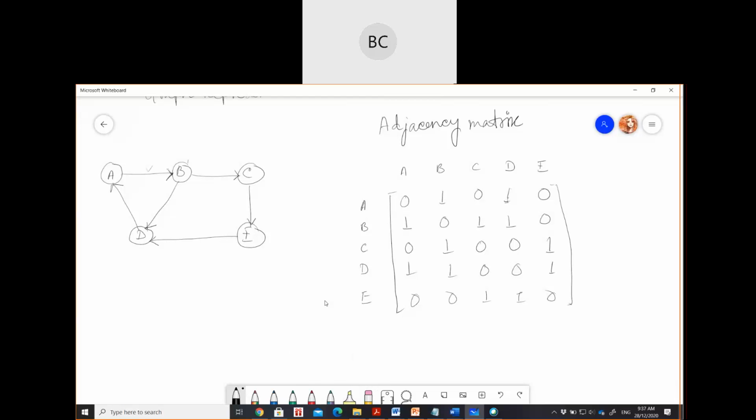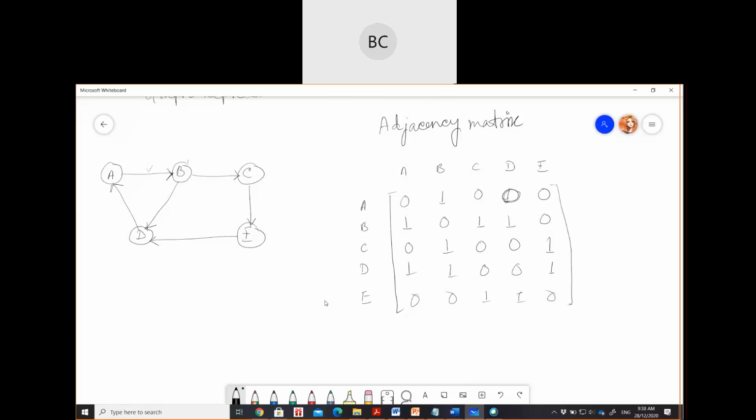Now from A, you see B and D both are not reachable. Only B is adjacent. Why? Because the edge is going from A to B. Therefore, this one is correct, but this value will be 0 now. Why?